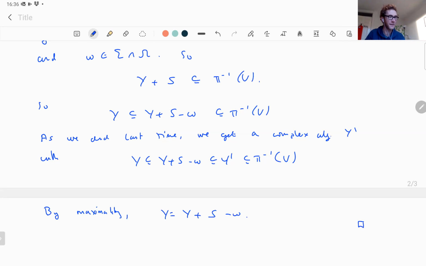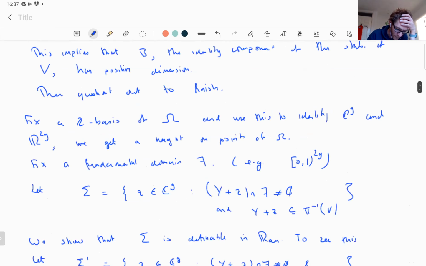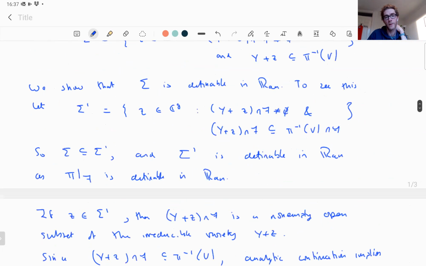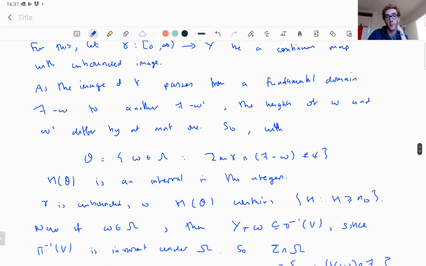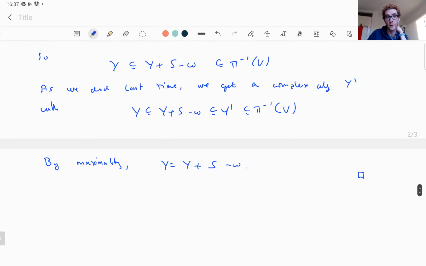But if you didn't like that, then the next application is quite different. So don't worry. The next application is the Galois bounds. I guess I should say, these ideas are due to Jonathan Pila. This proof is contained in his paper on André-Oort for C to the n.